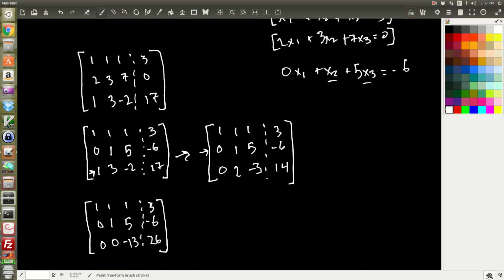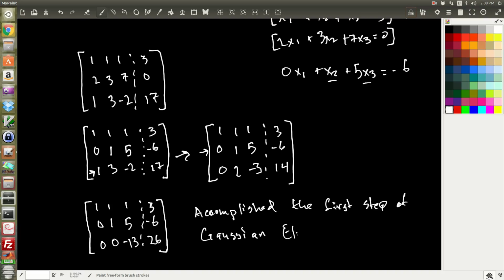Alright, now we have introduced zeros into the lower triangular portion of the matrix. That is the first step of Gaussian elimination. Okay.